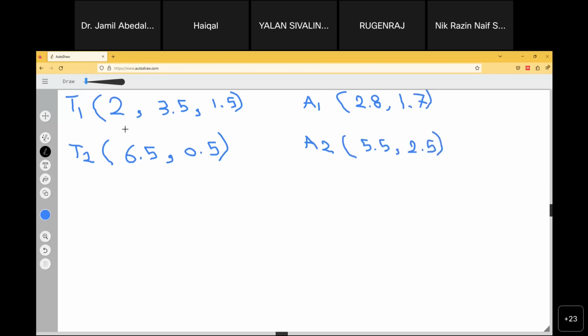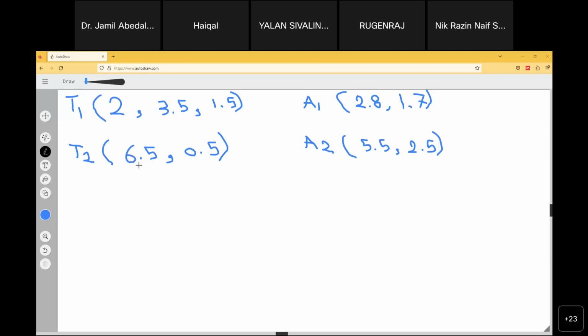So who can tell me, please, what do these values represent? What does 2 represent? What does 3.5 represent? And what does 1.5 represent? Yalan? So 2 is phase, 3.5 is period, and 1.5 is execution time. Yes, excellent. Here, 6 is the period, and 0.5 is the deadline, no, sorry, execution time. Deadline is actually equal to period, okay?